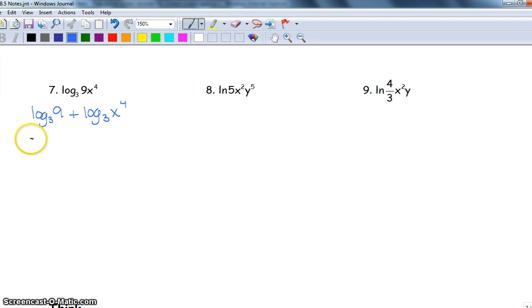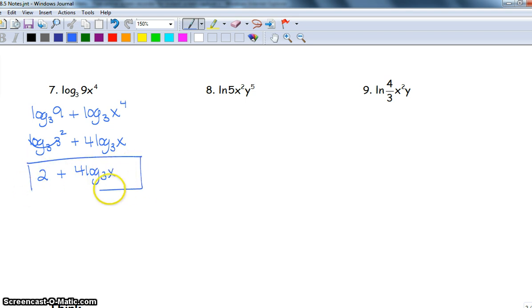I can break down 9 as 3 squared. And the second piece, I can bring my exponent up front. Alright, we go back to our first piece. I see log base 3 of 3 cancel, so I'm left with 2 plus nothing can be broken down there. So there's my answer.